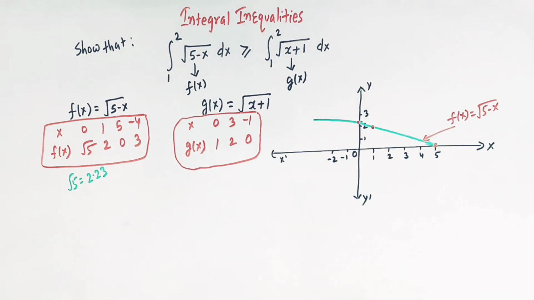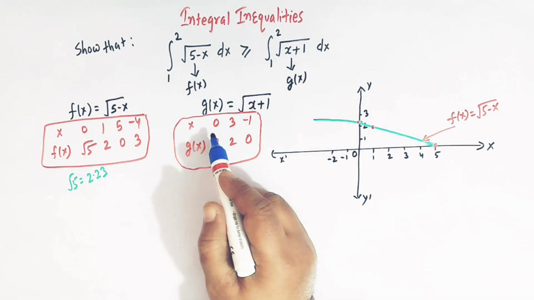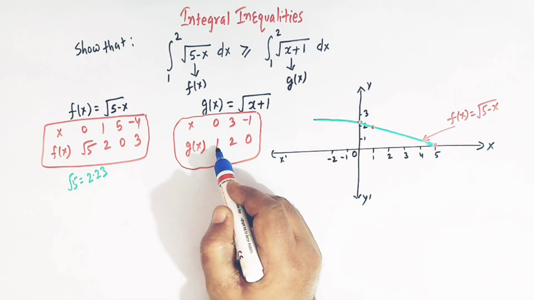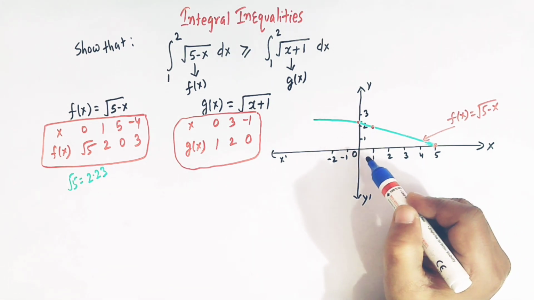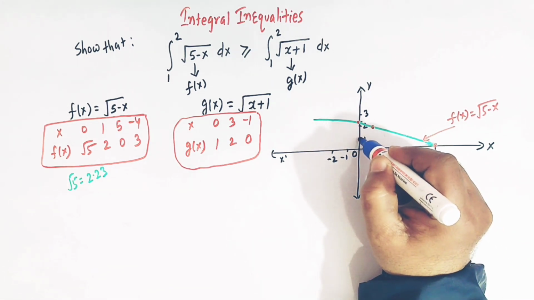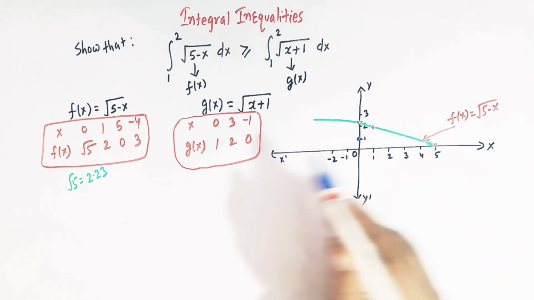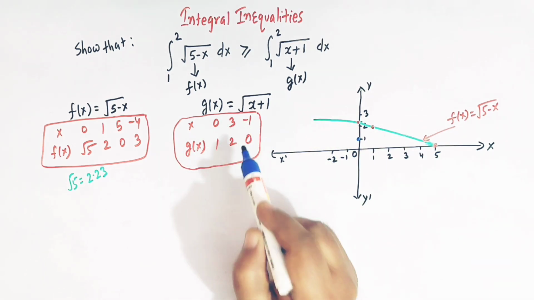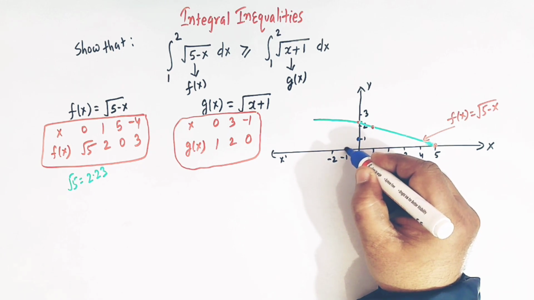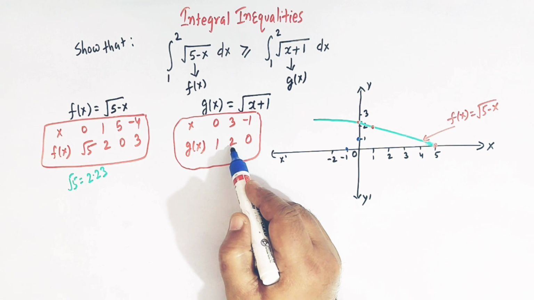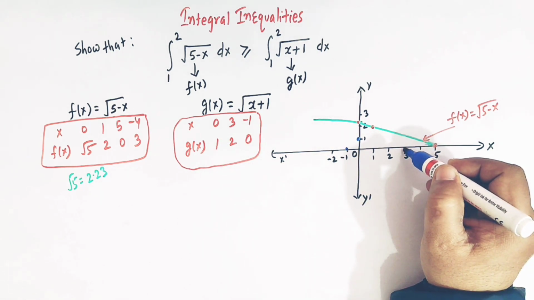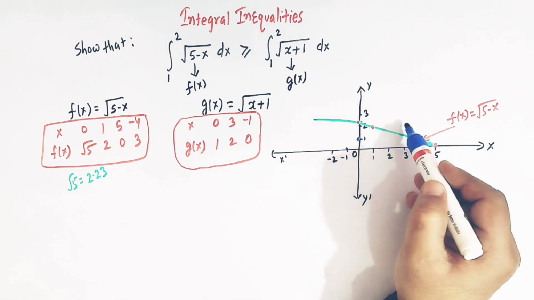Now let us plot g of x. So now we have the first point 0 comma 1, right? It lies here, and then we have minus 1 comma 0, and it lies somewhere here, and then we have 3 comma 2, right? So here we have 3 and here we have 2.